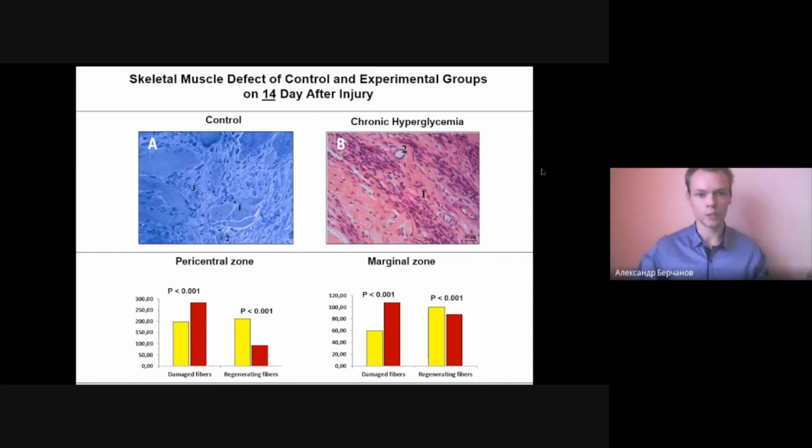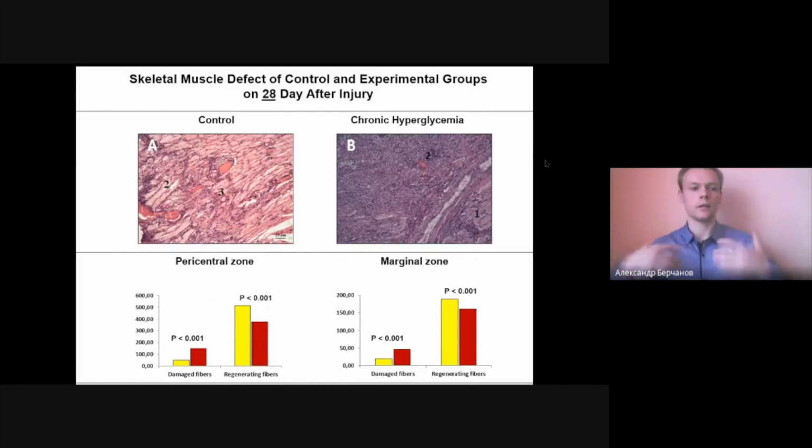Microvessel germination occurred more intensively compared to the previous term. Morphometric analysis has revealed that in rats with hyperglycemia the defect was filled with connective tissue, with connective tissue predominance. Further development of myogenic cells into myoblasts did not occur.